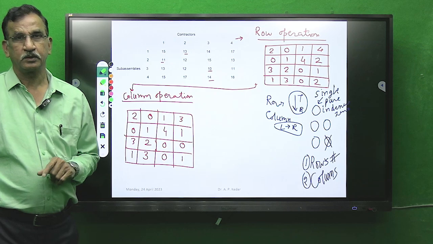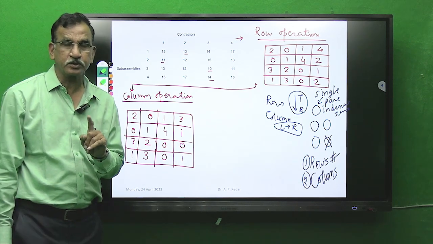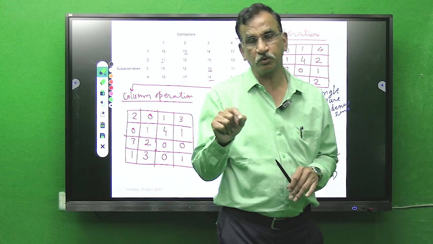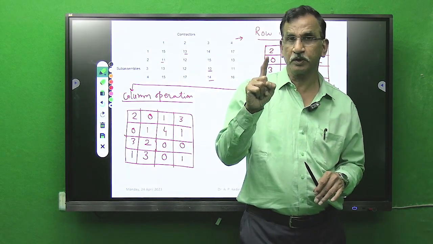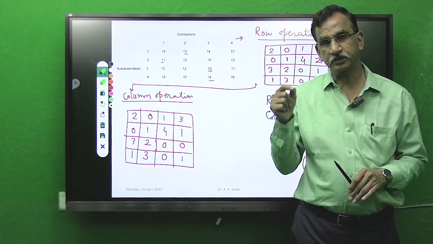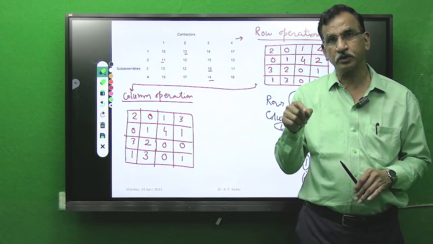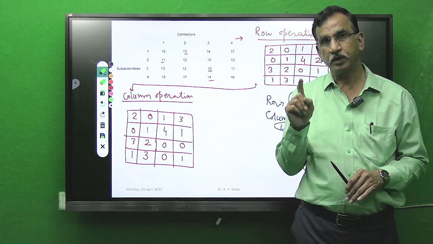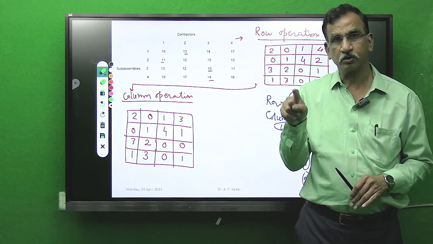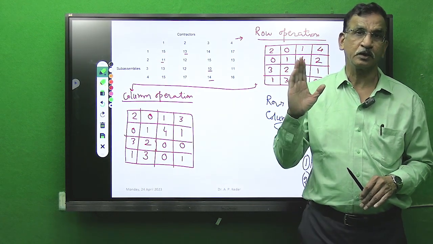If you assign, remember this is a very important step. If you assign a single pure independent 0 in a row, and at the same time there is any 0 in the column where you have assigned the 0 of the row, cross off that particular 0 in the related column.